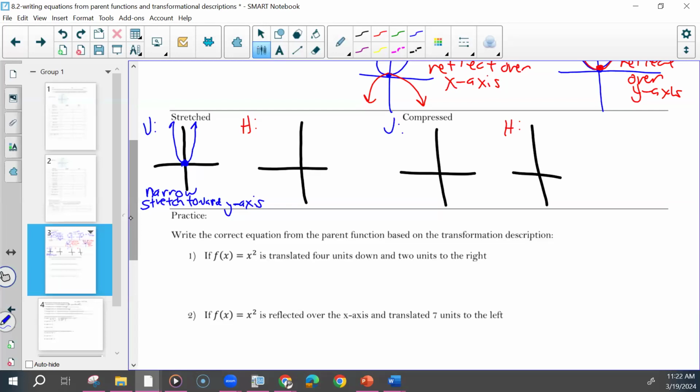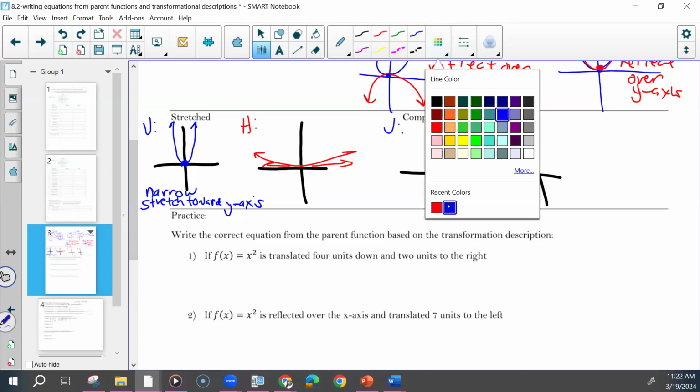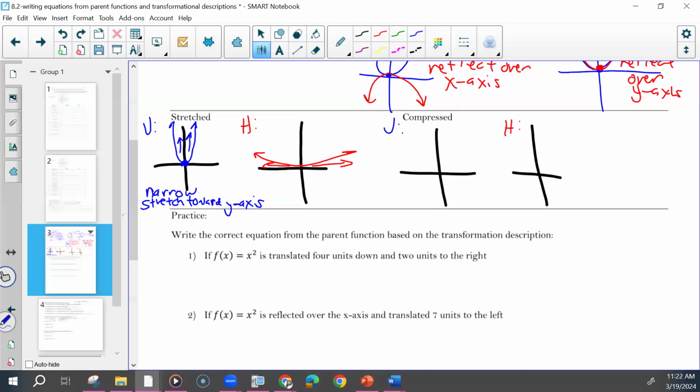Stretch toward y-axis is what that says. Horizontal stretches do the same thing, but they stretch toward the x-axis. So it's horizontally stretching, so it's going to look wider. So the vertical is stretching up or down, depending on where it is, stretching towards the y-axis. The horizontal is stretching towards the x-axis, and it's wide.